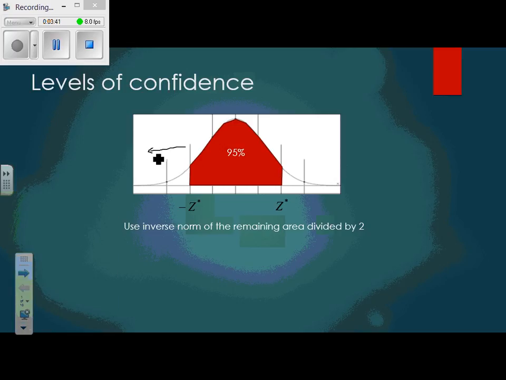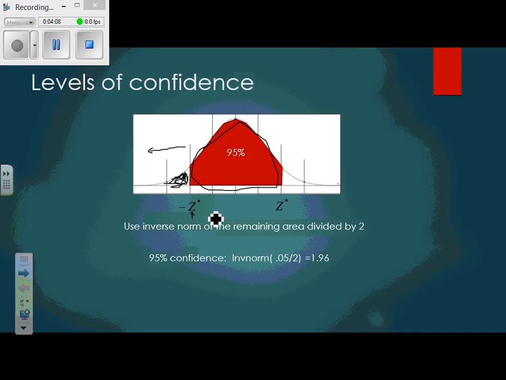And so if you think about it, if this area right here in the middle is 95%, that leaves 5% for the 2 tails, which means if you did the inverse norm of 0.025, you're going to get that critical z star value right there. So for 95% confidence, the more accurate result, if you did that in the calculator, is 1.96.